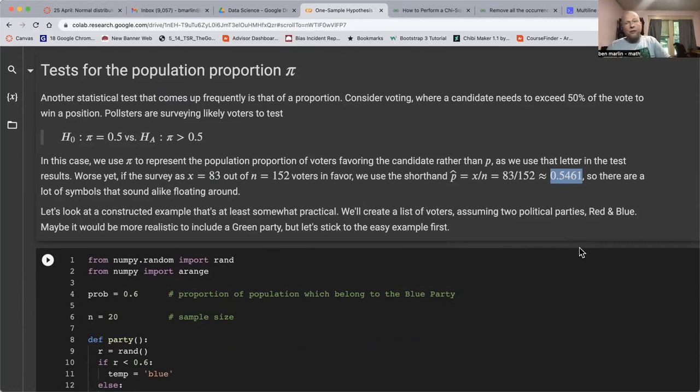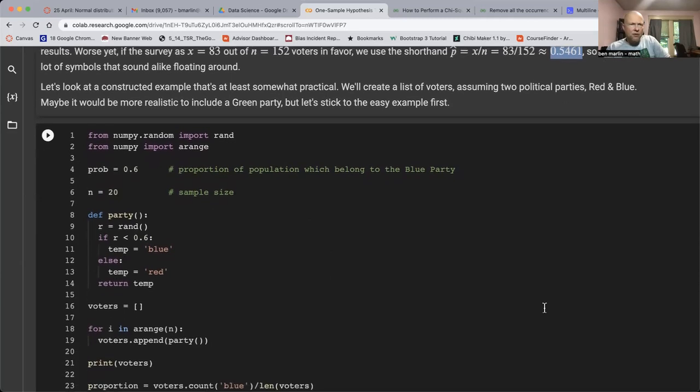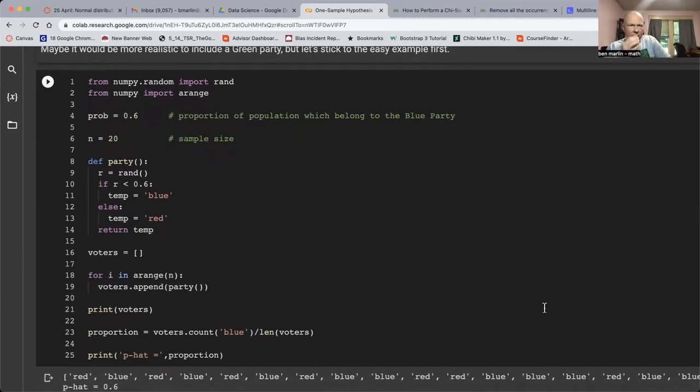But then when election day comes, you're not going to have just that sample voting. It's going to be hopefully a large portion of the population showing up to vote. And so the question is whether our sample is strong enough evidence that we've got more than 50% of the vote.